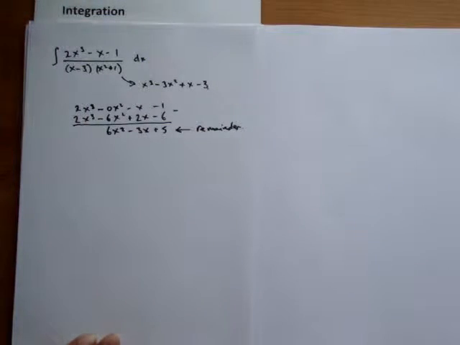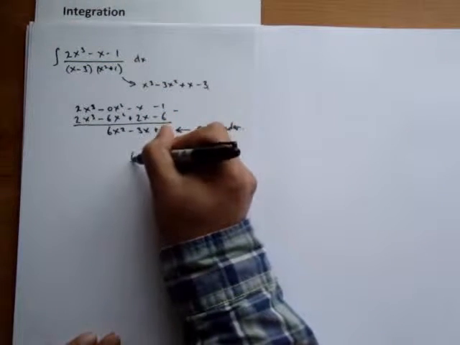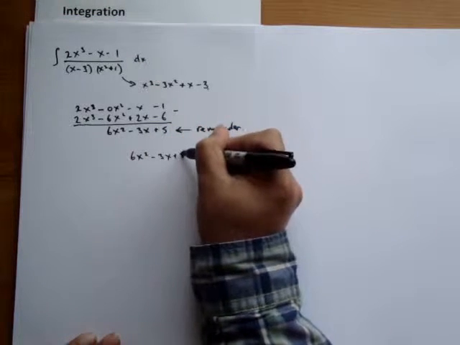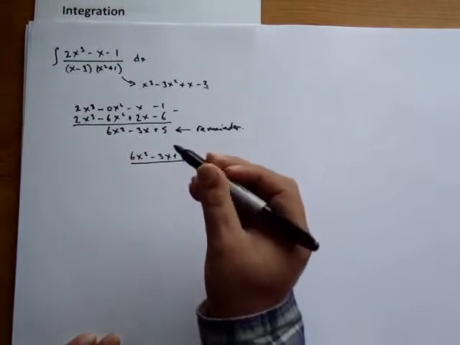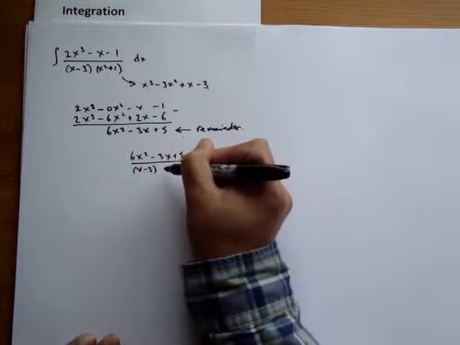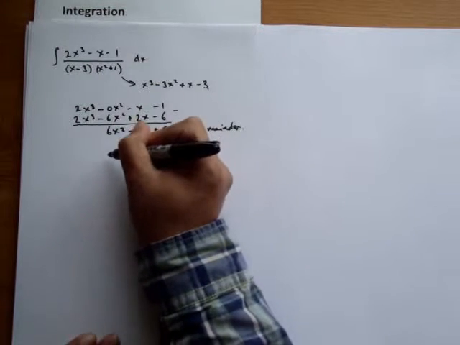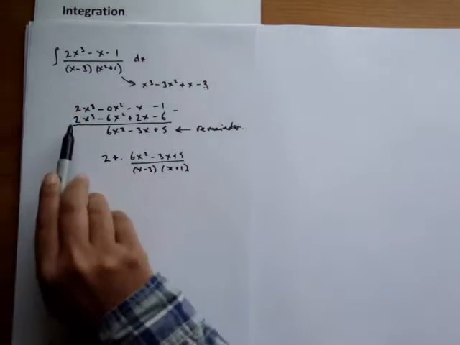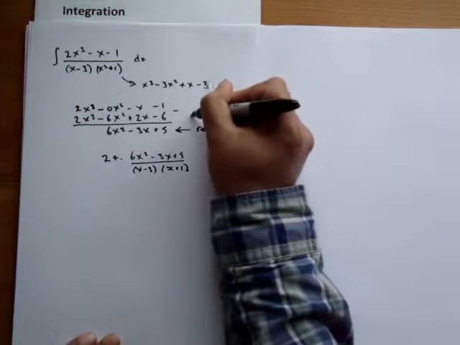from our algebraic long division, and so this then becomes 6x squared minus 3x plus 5 all over our x minus 3 x plus 1, and we've got the 2 as well, which was what we multiplied by here, times 2 to get this.